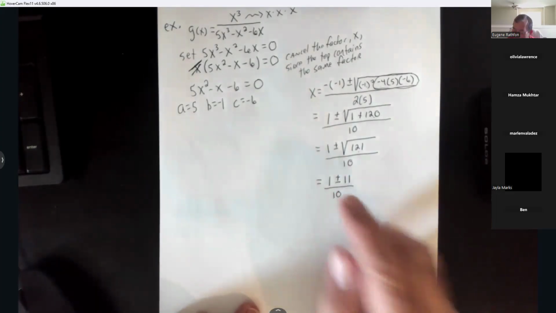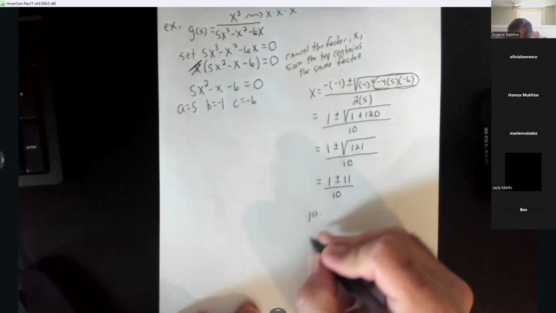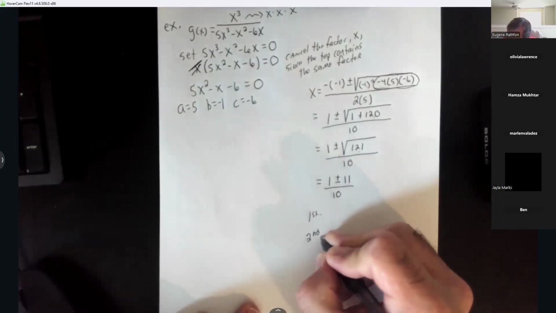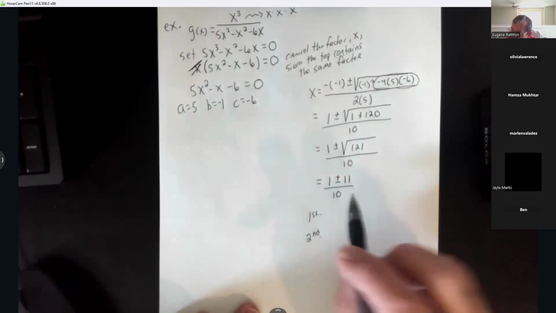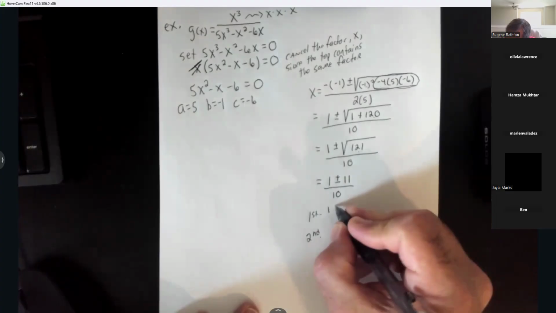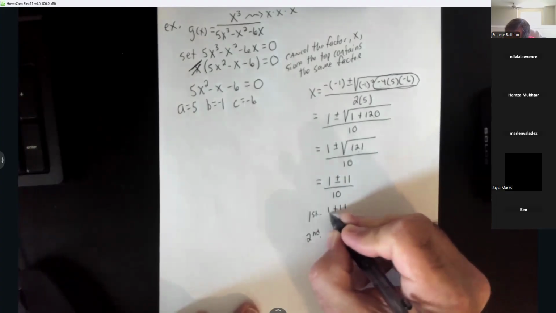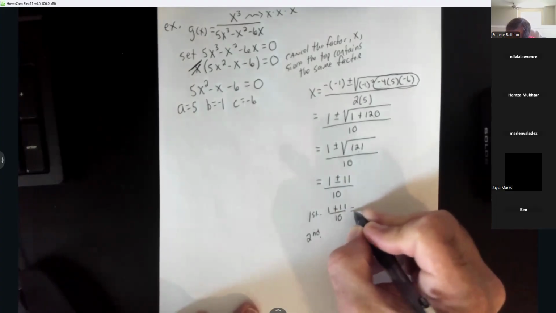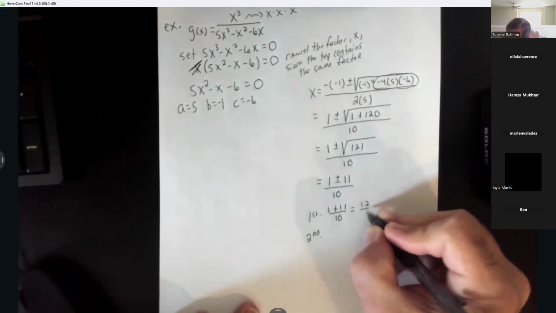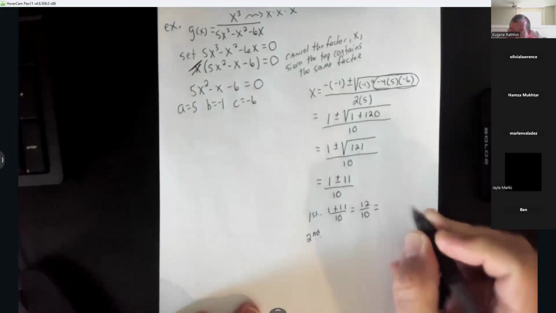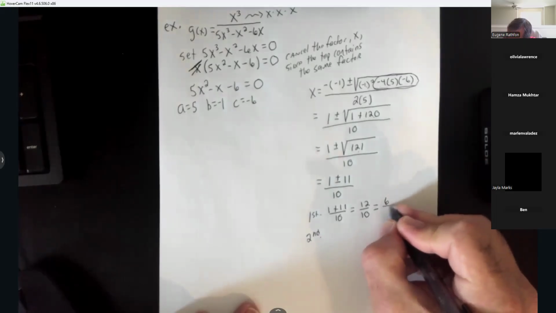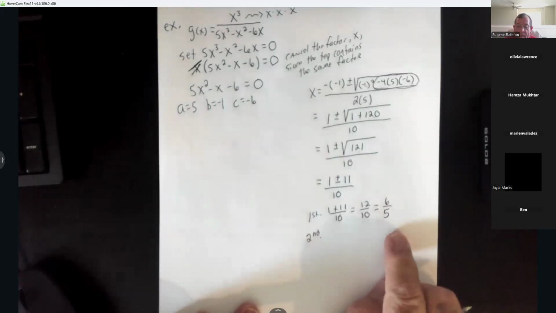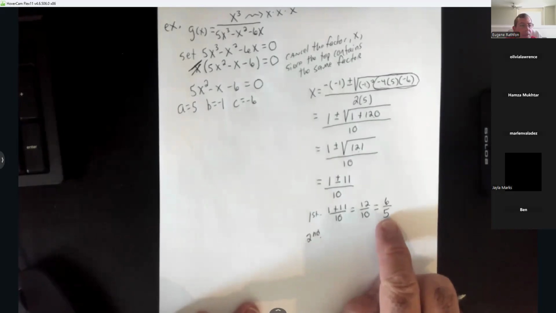Now we're going to get the first answer and then our second answer. On the quadratic formula, the first time you add, so you do 1 plus 11 over 10, which gives me 12 over 10. If I reduce this fraction, it reduces to 6/5. So one answer is 6/5.